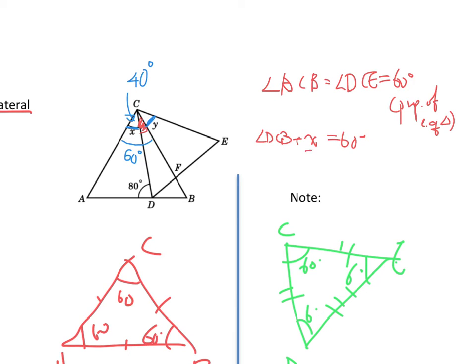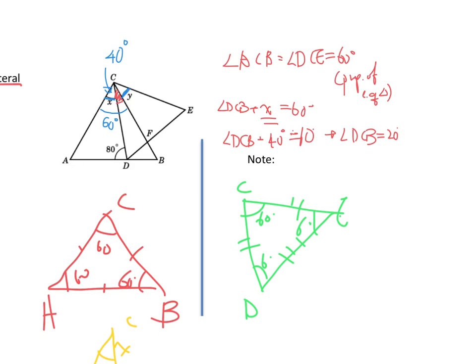And as we have found that x is equal to 40 degrees, so angle DCB plus 40 degrees is equal to 60 degrees. So that we can find that angle DCB would be equal to 20 degrees.